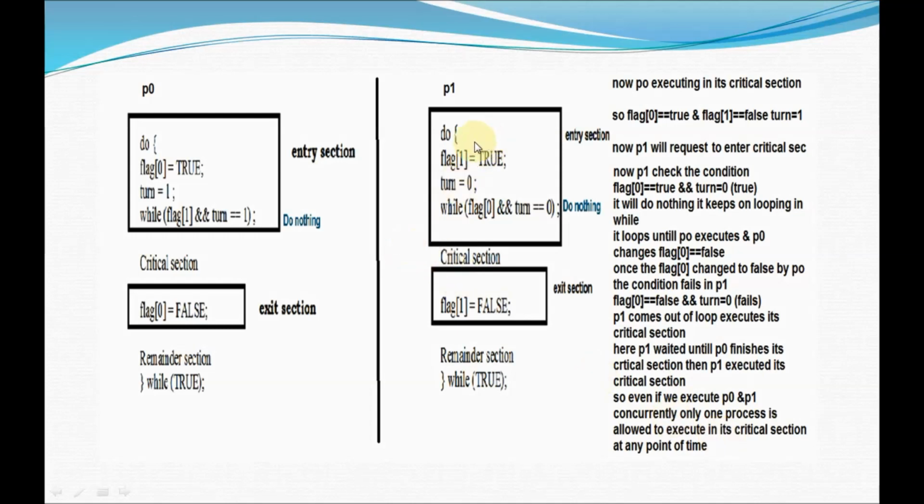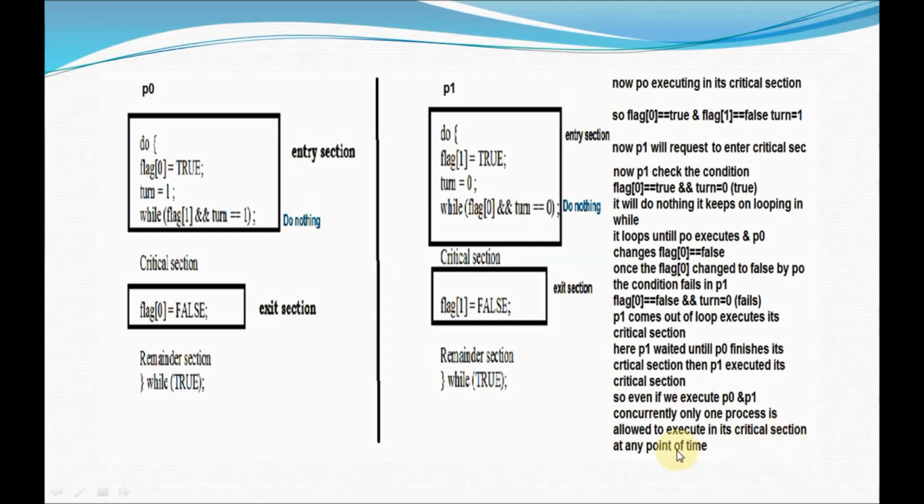Here P0 was executing, and only after P0 completed its execution in the critical section, P1 is allowed. So even if these two processes are allowed to execute concurrently, no problem, right?